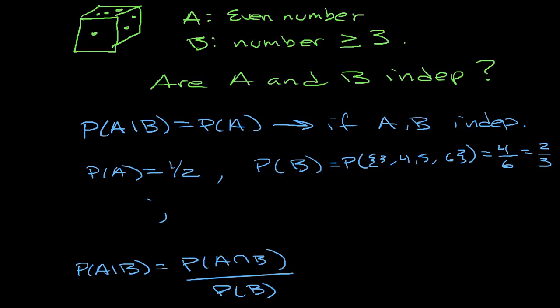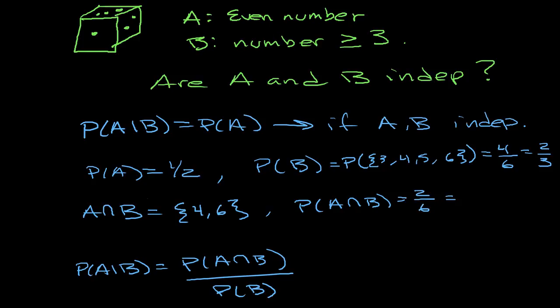First of all, let us compute the intersection of A and B. This is the set of even numbers that are equal or greater than 3. So we have 4 and 6, right? So the probability of the intersection is just 2 out of 6, which is just 1 over 3. So now the conditional probability of A given B is going to be 1/3 over 2/3, and this is going to be 3 over 6, and this is just 1/2.